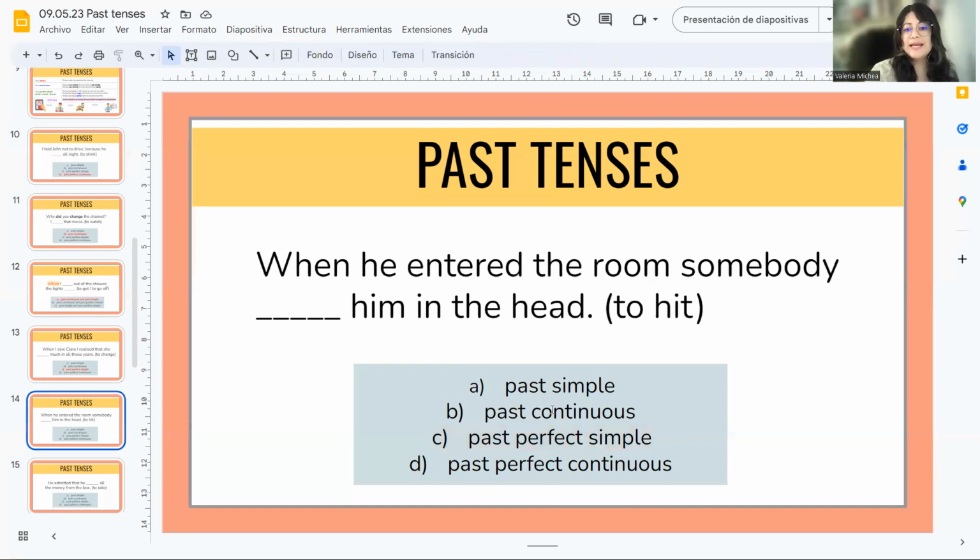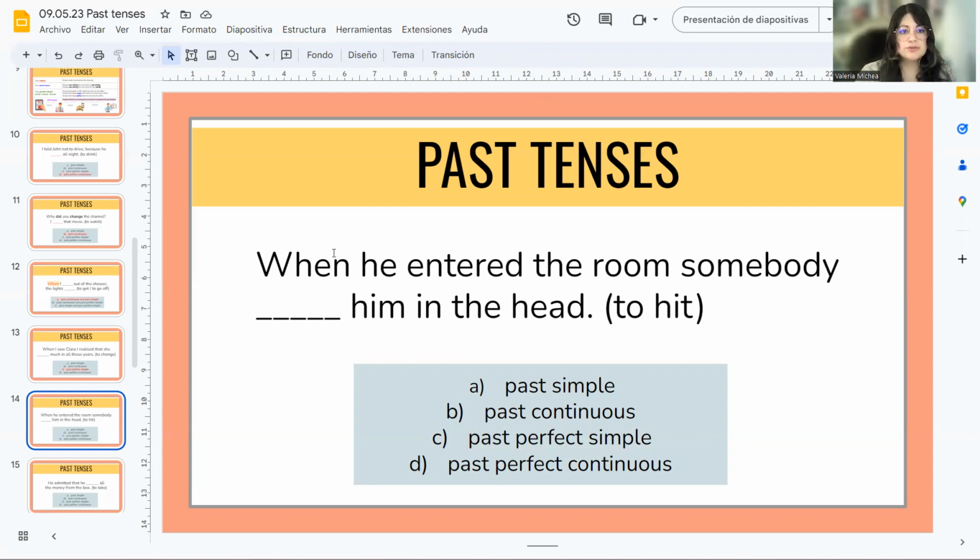Now let's see another one. We have: when he entered the room, somebody hit him in the head. All right, so this is not so tricky, a little tricky. Let me relaunch this so we can answer it.